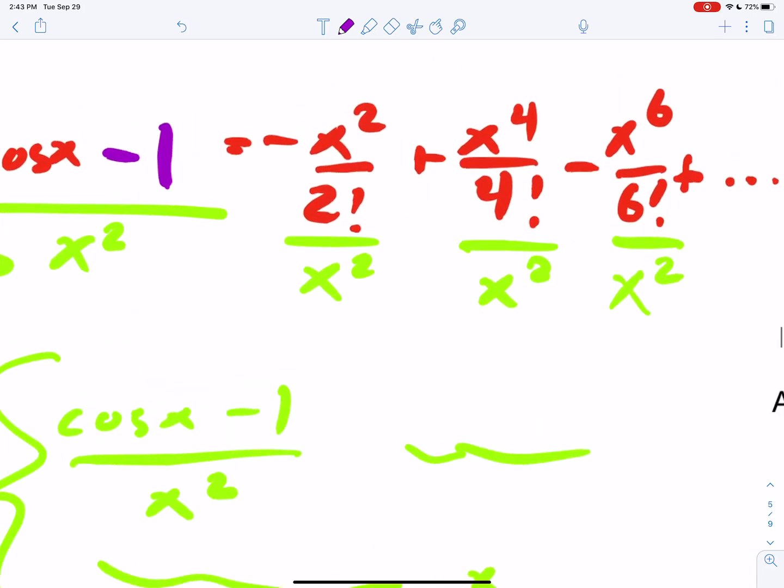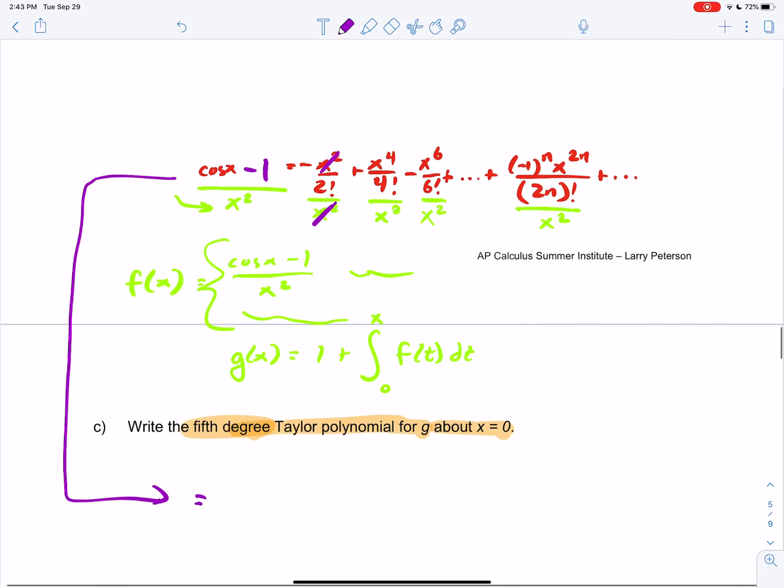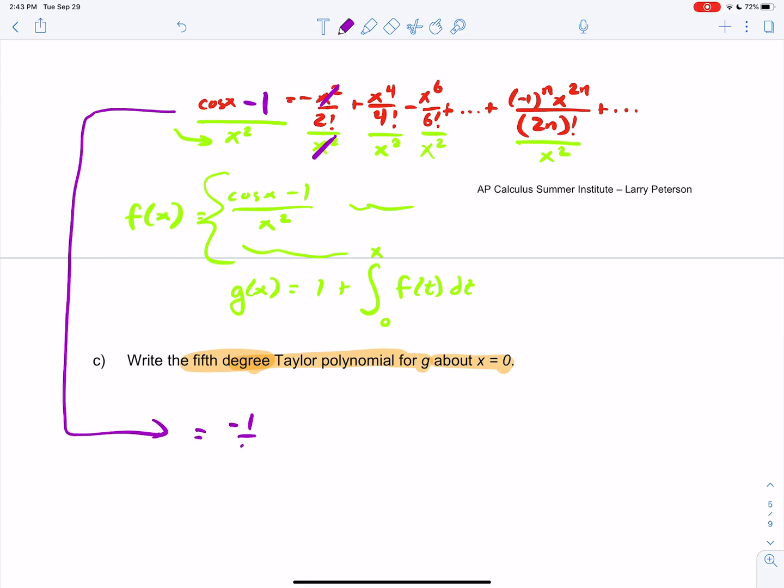So if you take a look at the first term, x squared divided by an x squared, that's going to reduce out to a 1. So that's 1 over 2 factorial. So that's negative 1 over 2 factorial. The next one is going to give me 2 x's left over, so that's x squared over 4 factorial. The next one is going to leave me with 4 x's at the top over 6 factorial, and so on, okay?